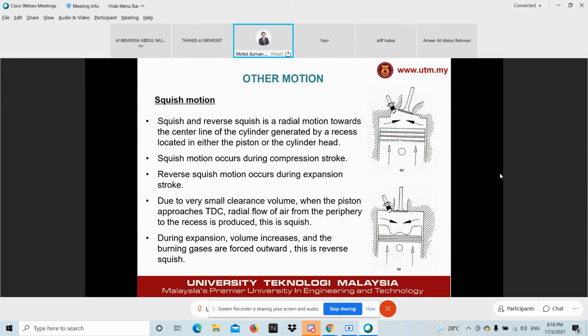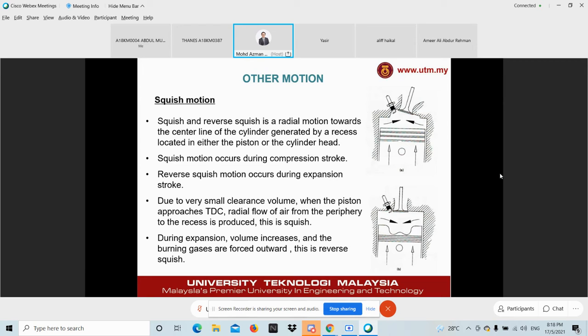The squish motion, and reverse squish, is a radial motion towards the center line of the cylinder generated by a recess located in either the piston or the cylinder head. This is quite common in a direct injection engine, whereby they are trying to increase the density of the air towards the center of the combustion chamber.